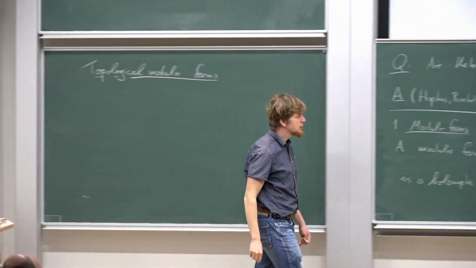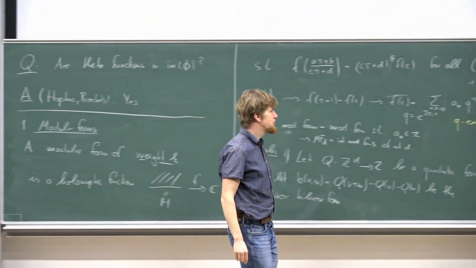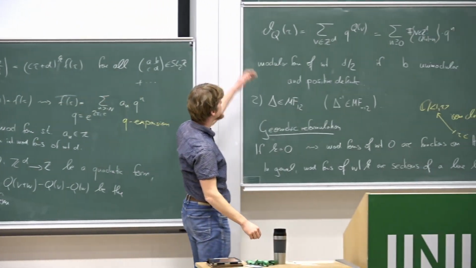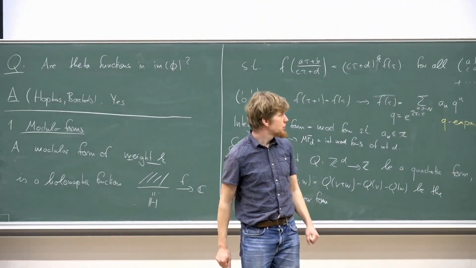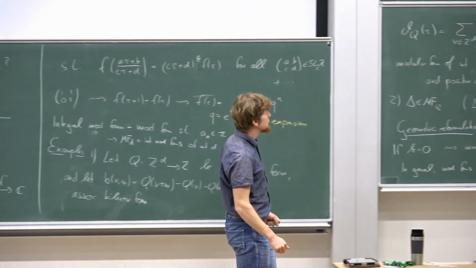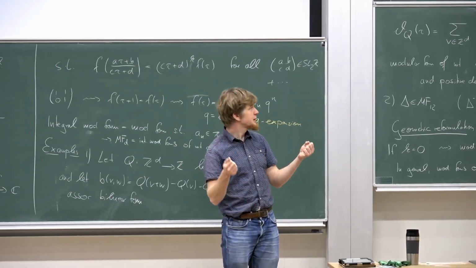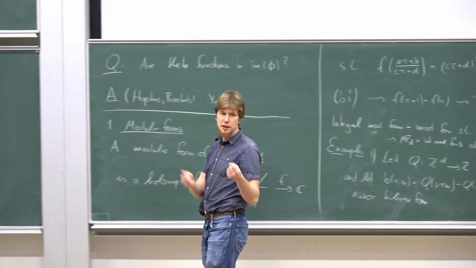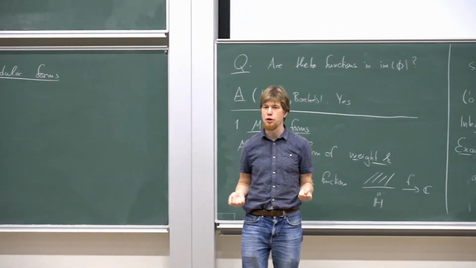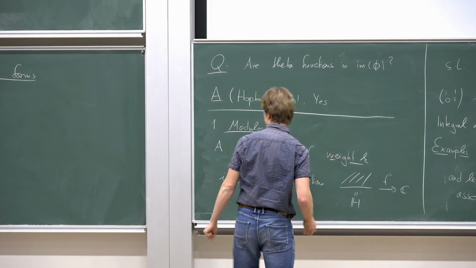So, TMF is an E-infinity ring spectrum. We said that modular forms are sections of some line bundle on the moduli stack of elliptic curves. So we should have a version of this line bundle which lives in a world of spectra instead of abelian groups. So we have some higher algebraic version of this. This is exactly what's happening.